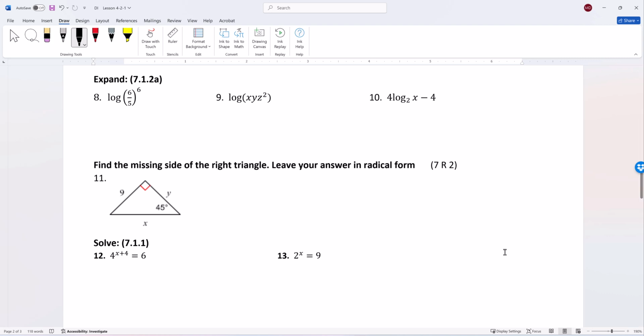In terms of expanding, these are 3. So you're going to get log of x plus log of y plus log of z squared.